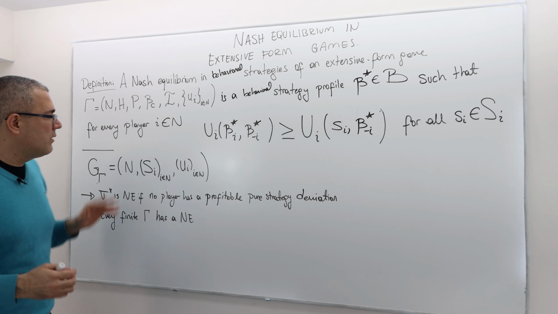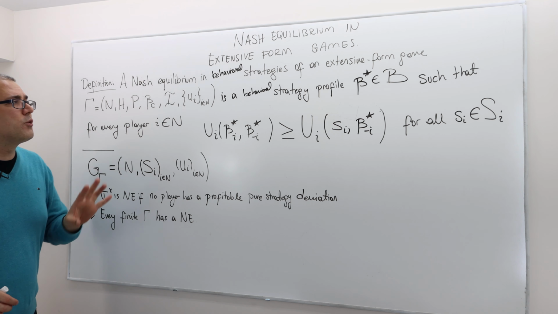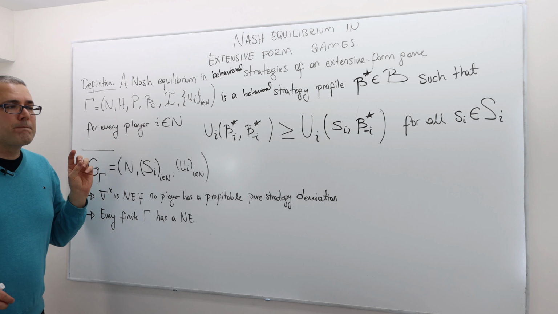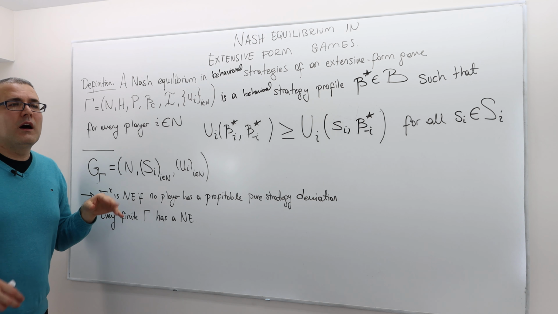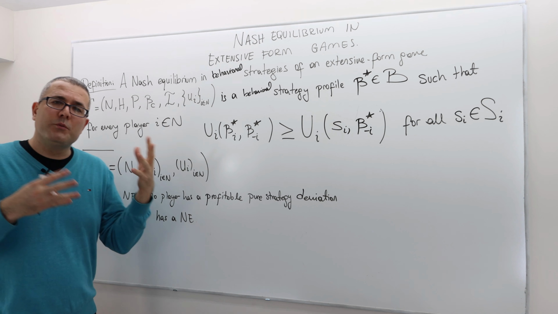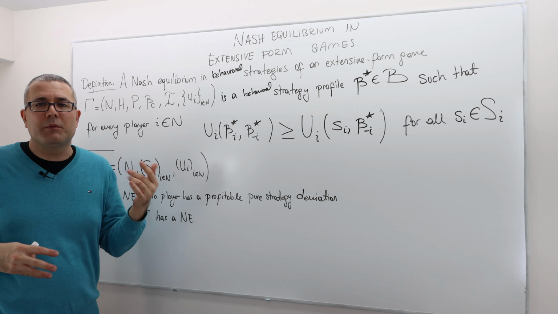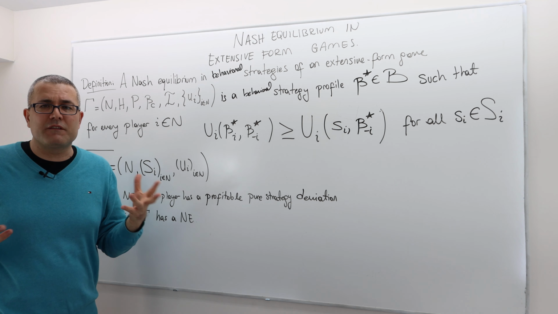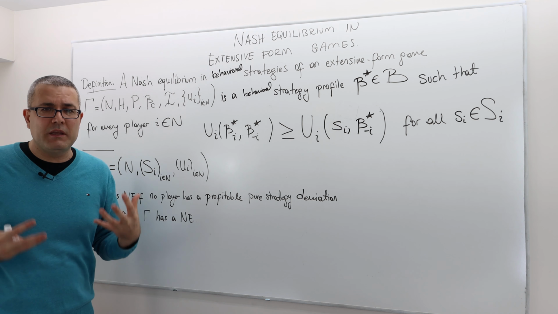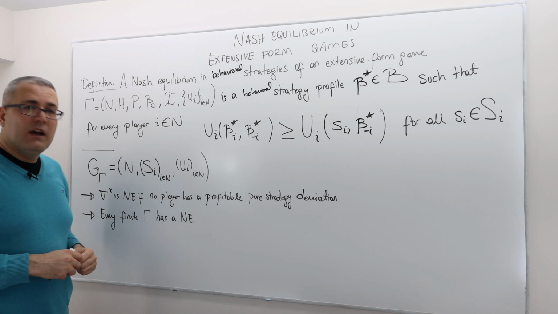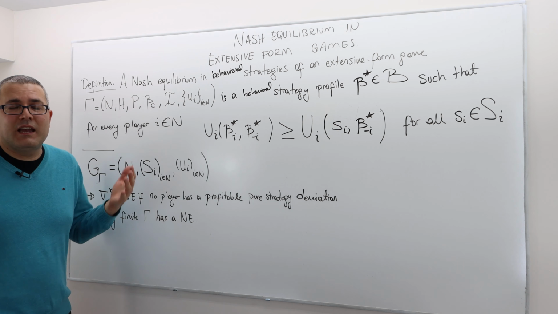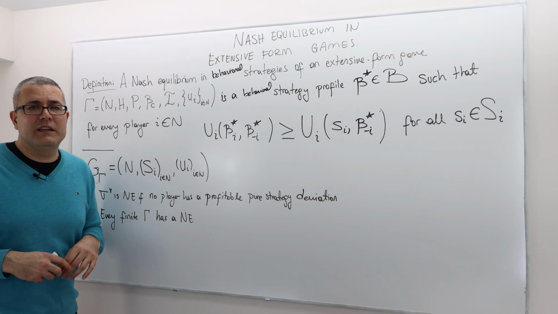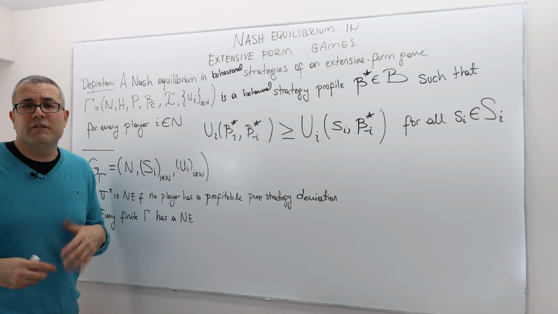So whether you use behavioral strategies or mixed strategies, the equilibrium strategies will obviously be different because you describe strategies differently, but outcome-wise, they're going to be identical. And again, every game has a Nash equilibrium, whether you calculate it with mixed strategies or behavioral strategies.